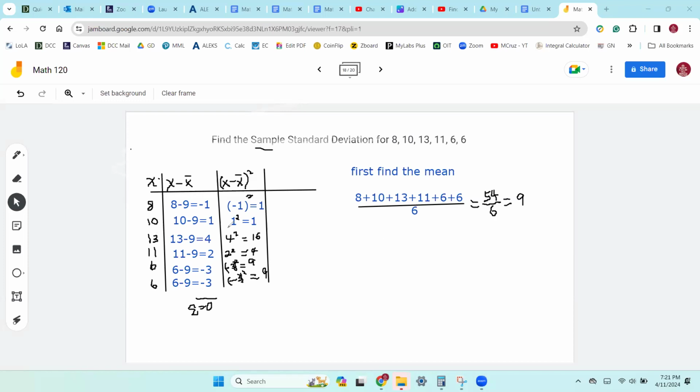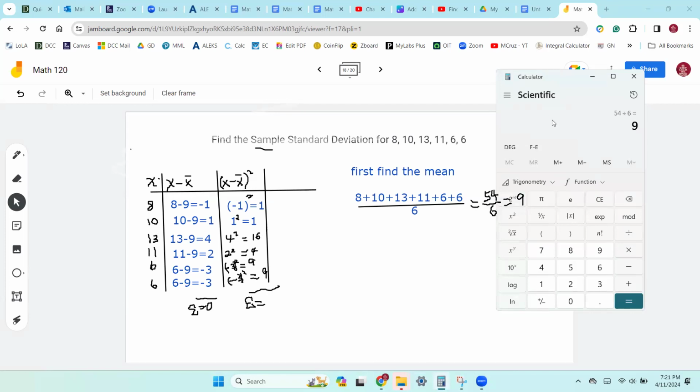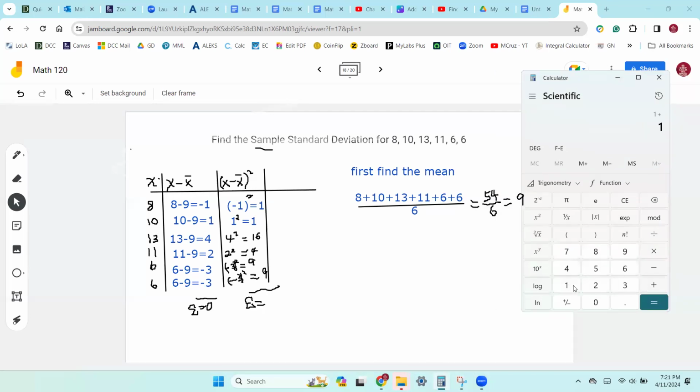Now over here, that's not going to happen, but we need to know what these are here. So we add them up. So the sum of these is also, so it's 1 plus 1 plus 16 plus 4 plus 9 plus 9, which I believe is 40.